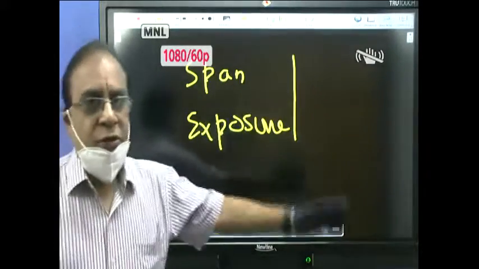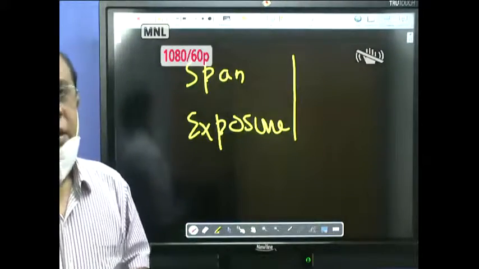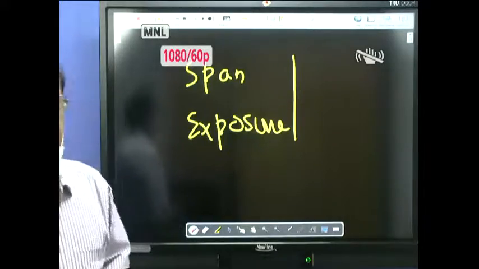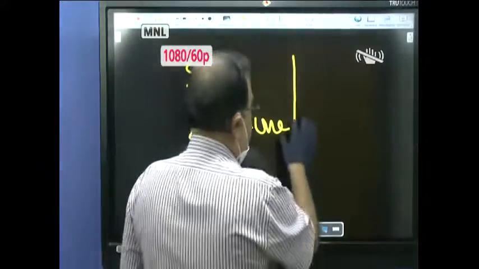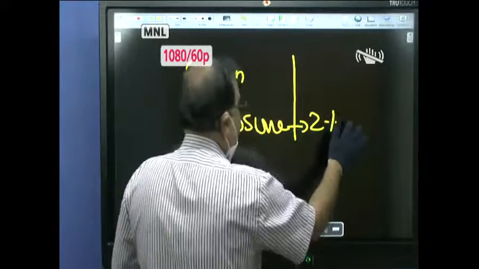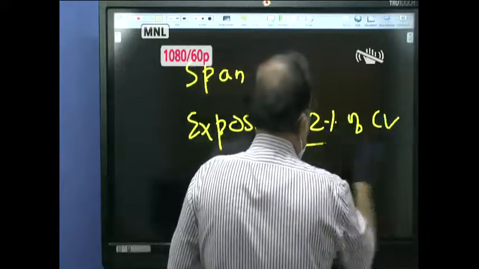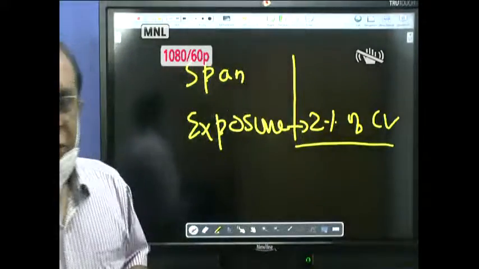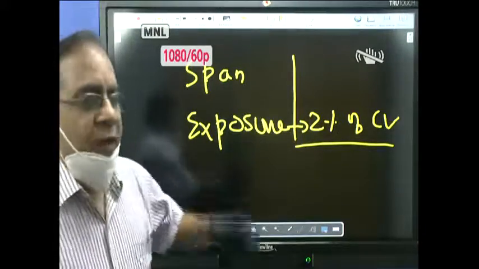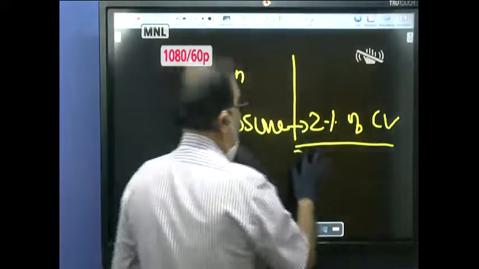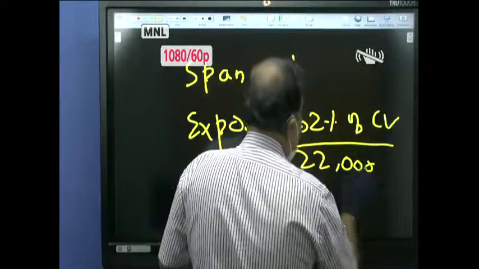Nowadays both margins have to be collected. The exposure margin in the case of index is now 2% of the contract value. If the contract is around 11,000, then 2% of that is around 22,000. So approximately 22,000 is the exposure margin.